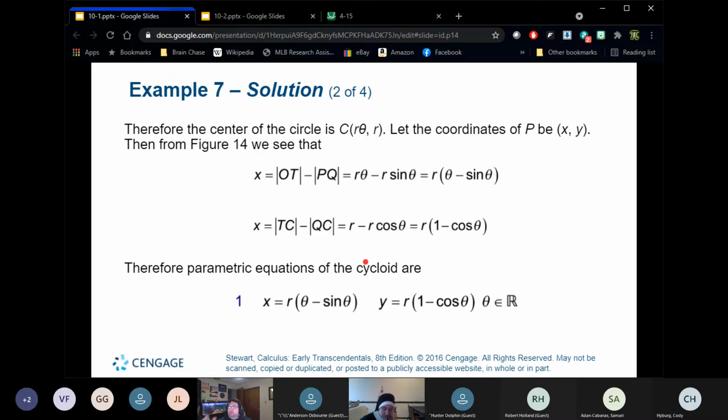So that's a value that's not going to change when you're doing it. So that's that radius value. And the theta is actually the parameter in this case. So unlike the ones we were doing before with t, these are thetas.